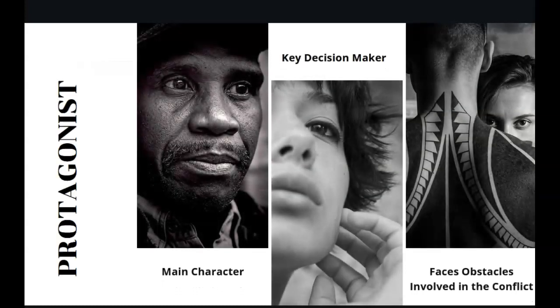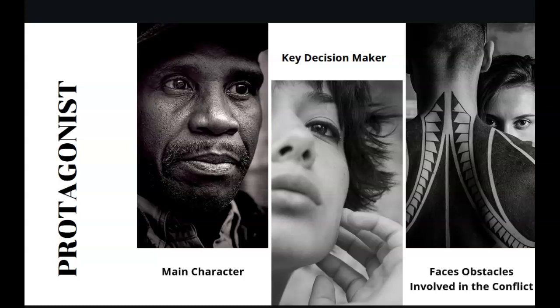Now, with our protagonist, typically you're going to have at least one protagonist, although sometimes you may have a couple, especially with a story that has a lot of characters. This is sometimes just called the good guy or the good person, right? So this is your main character. This is the character that's going to do a lot of the action.